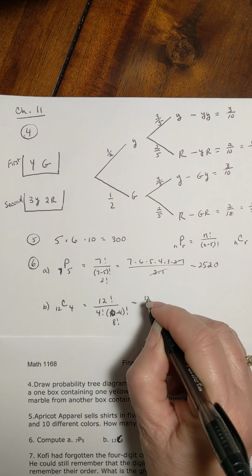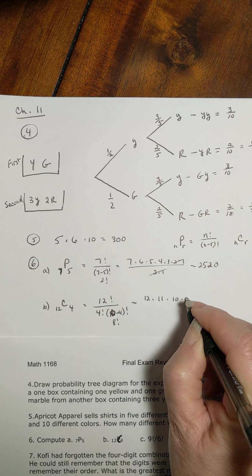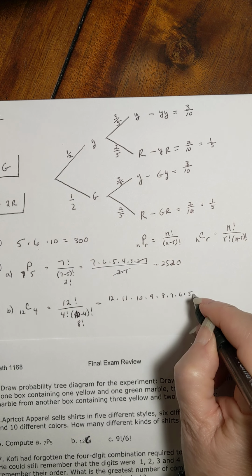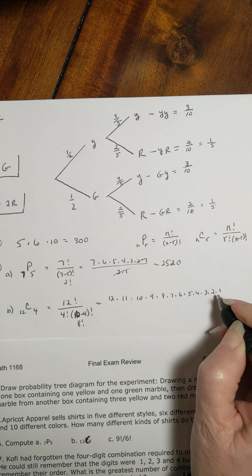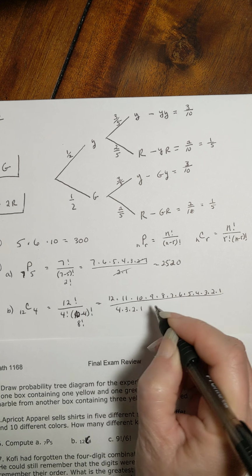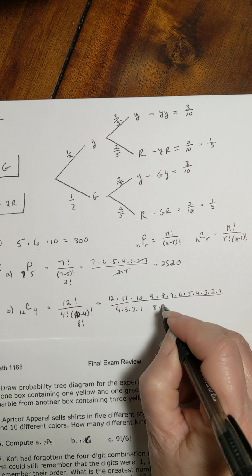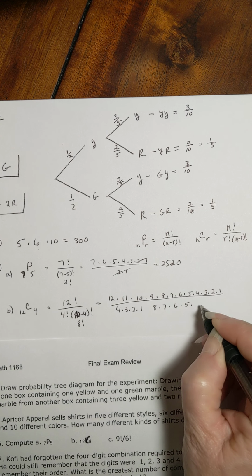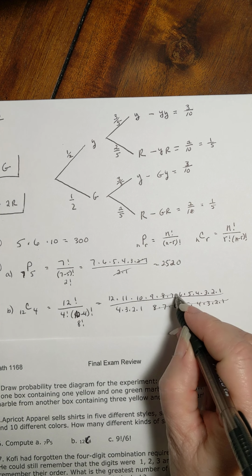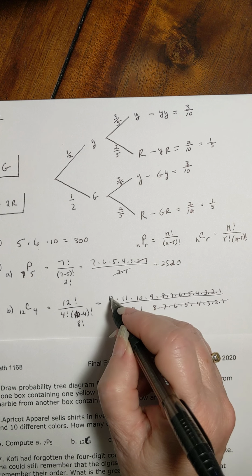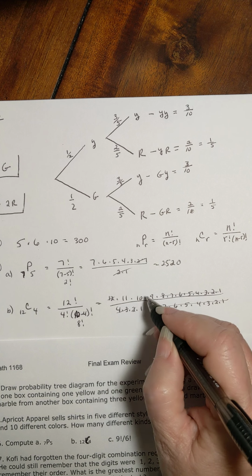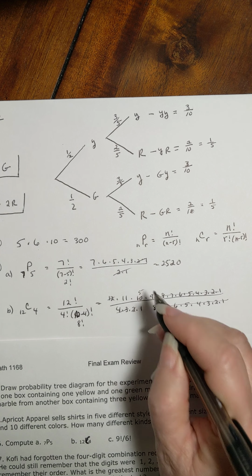And so this would be 12 times 11 times 10 times 9 times 8, 7 times 6 times 5 times 4 times 3 times 2 times 1 over 4 times 3 times 2 times 1, and then 8 times 7 times 6 times 5 times 4 times 3 times 2 times 1. So all of these cancel with all of these. 4 times 3 would cancel with 12, and then the 2 would cancel with the 10 to give me a 5.